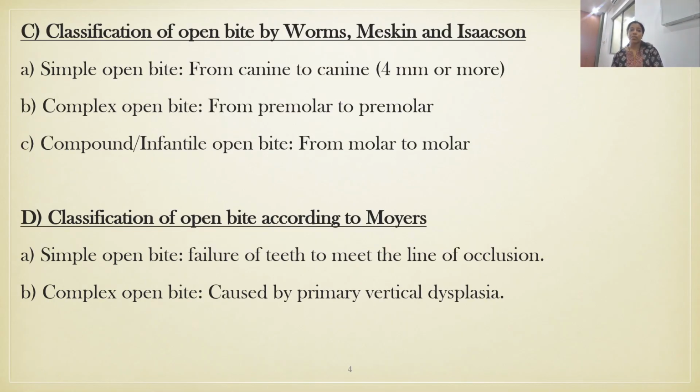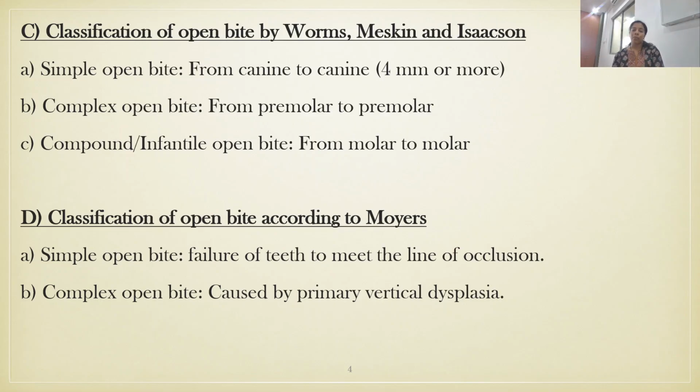And the next classification is given by Worms, Miskin and Isaacson, and its classification is based upon the complexity. Open bite can be classified as simple open bite, complex or compound, which is also known as infantile open bite. Simple open bite occurs from the canine to canine region.